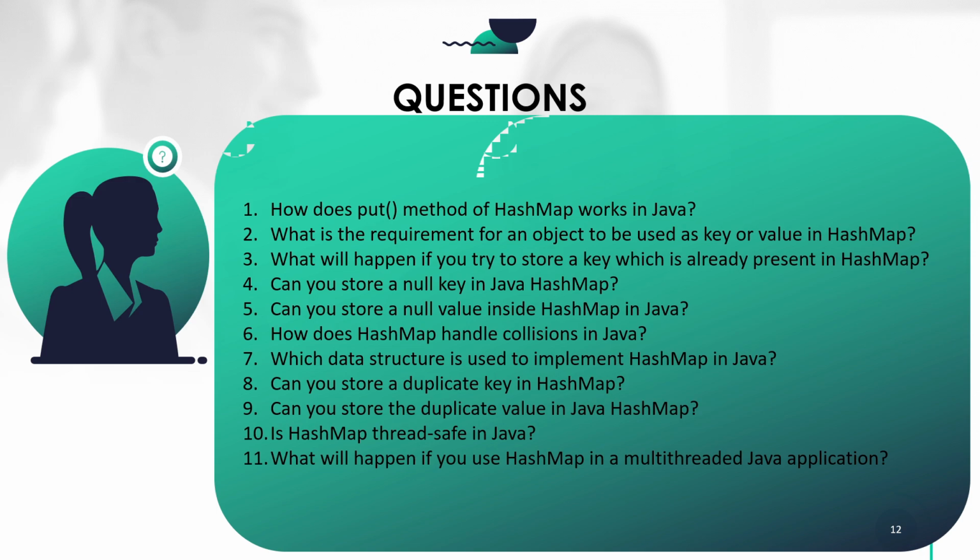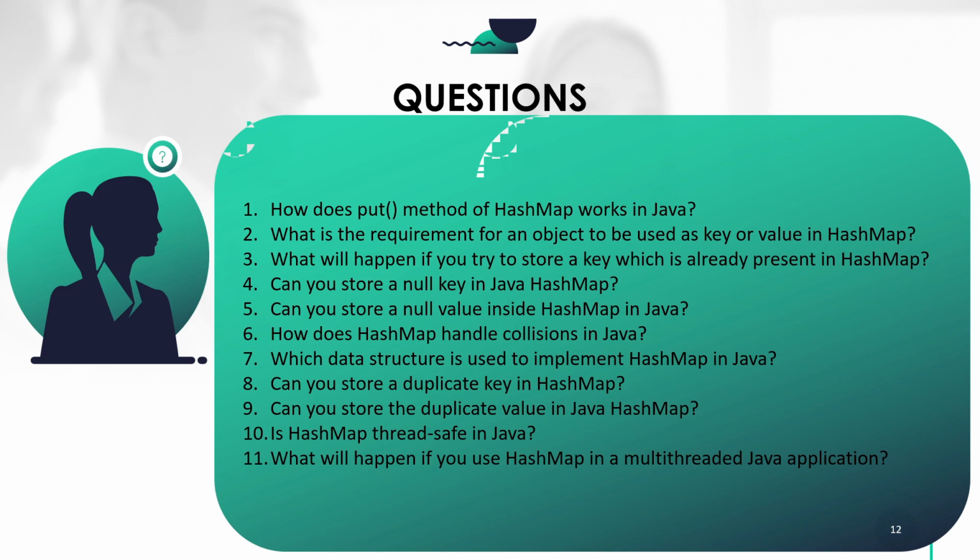It is usually resolved by the equals method. If you have provided your own implementation of equals, it will use that, otherwise it is going to use the equals method of the Object class. It will compare the key that is already present on that particular bucket. If that is the same, it is going to replace the previous value.